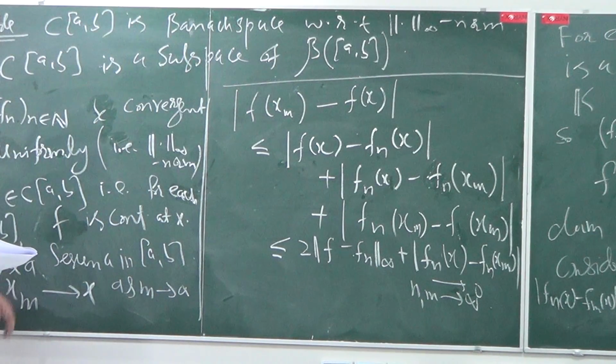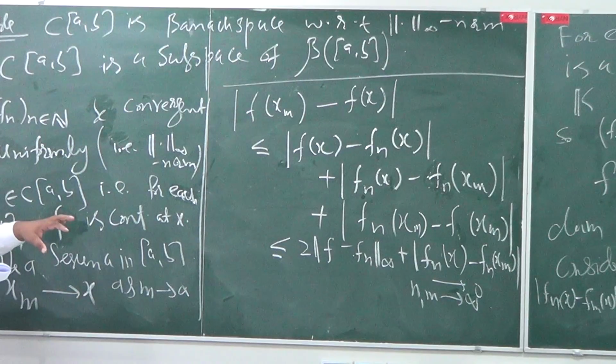Roughly, this argumentation is called the 3 epsilon argument.